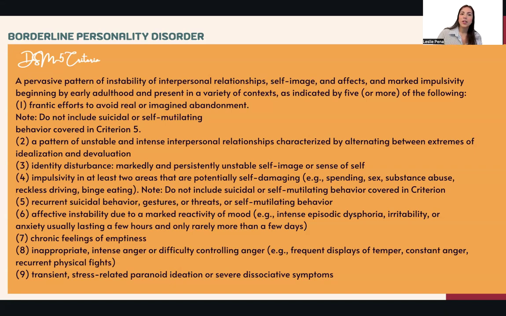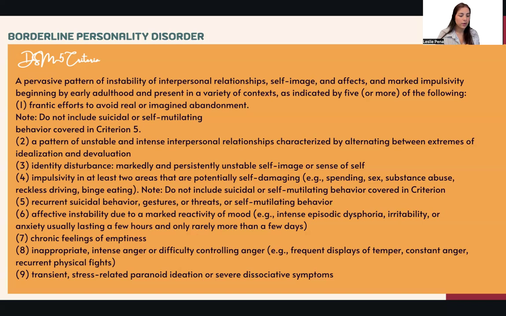Identity disturbance marked by persistently unstable self-image or sense of self. Impulsivity in at least 2 areas that are potentially self-damaging, like spending, sex, substance abuse, reckless driving, or binge eating. Recurrent suicidal behavior, gestures, or threats, or self-mutilating behavior. And I actually just found an article on this.